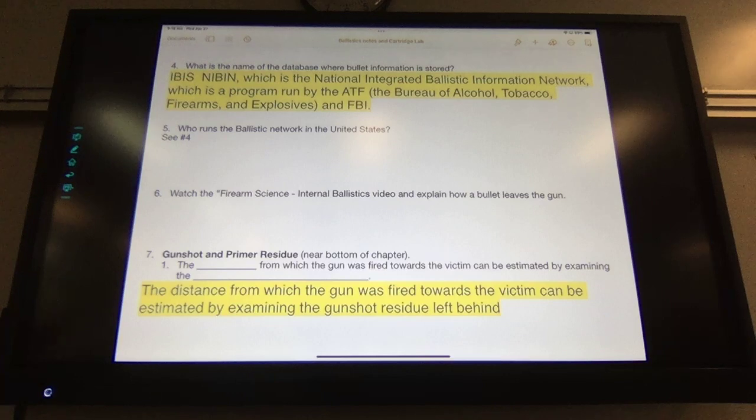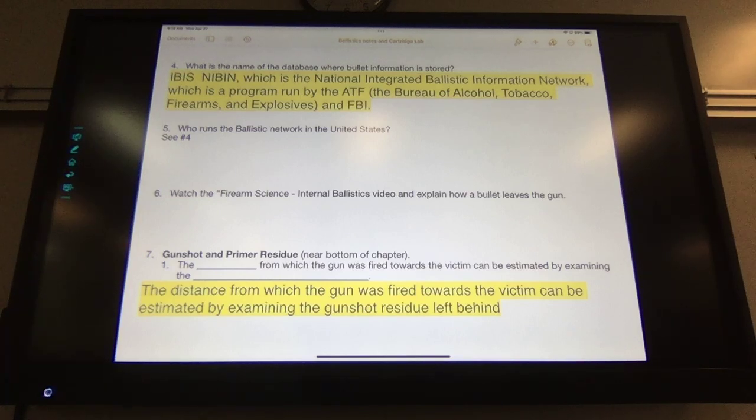So if someone is holding the gun and they fire it, they've got a lot of gunshot residue on the shooting hand. If they have a bystander, an accomplice standing right next to them, they're going to have gunshot residue on them. And it will go to about 10 feet. So they are going to determine by the amount of gunshot residue, really recreating where people were standing.